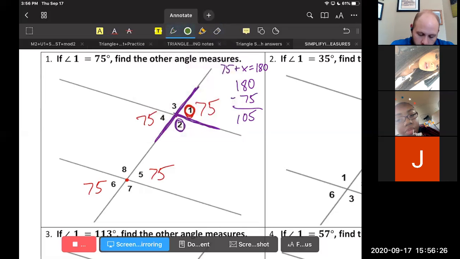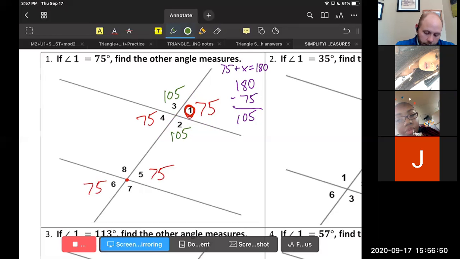And therefore 2 is 105. Now look at 2 and 3. What kind of angles are those? Yeah, they're 105 because they're vertical together.